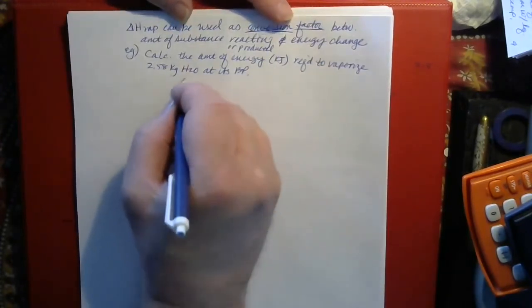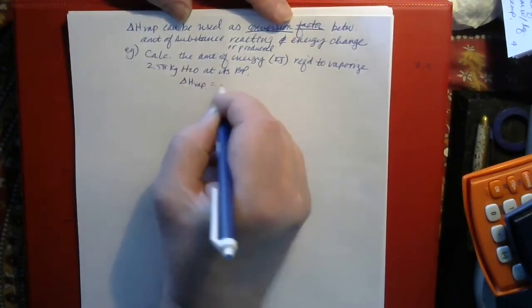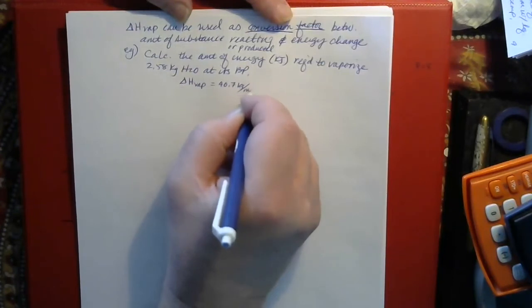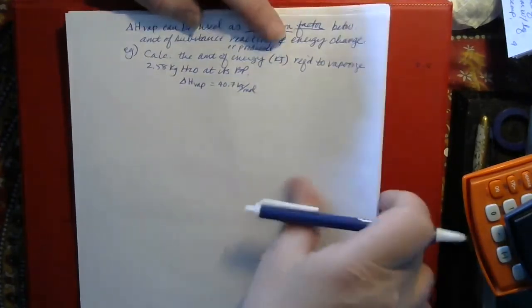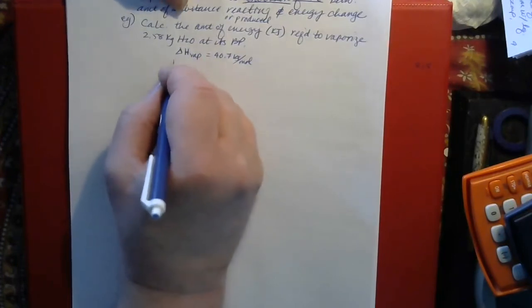Well, what we have here, we know that the heat of vaporization of water is 40.7 kilojoules per mole of water. So what we're going to need is to find out how many moles of water we have.